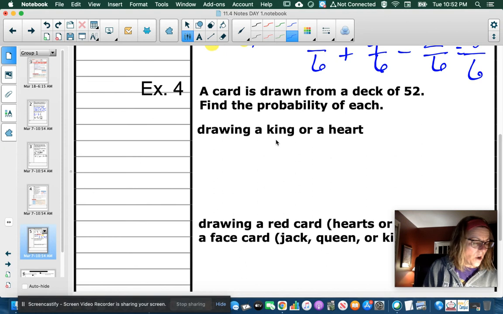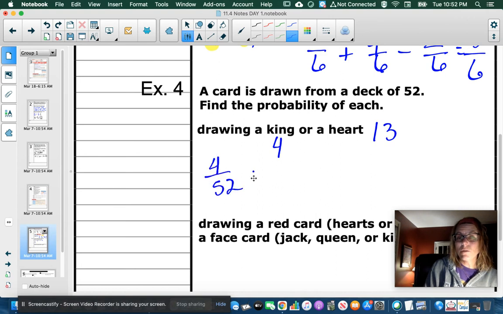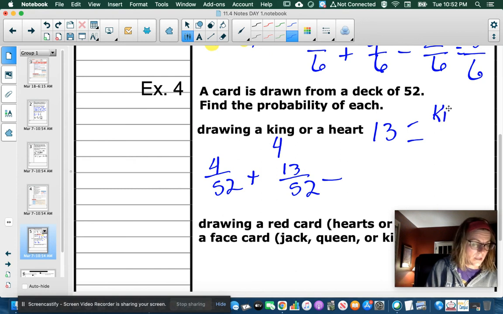So there are 4 kings in a deck. How many hearts are there? There are 13. All right. Probability of drawing a king is 4 over 52. Drawing a heart is 13 over 52. Well, in our hearts, we have a king of hearts.